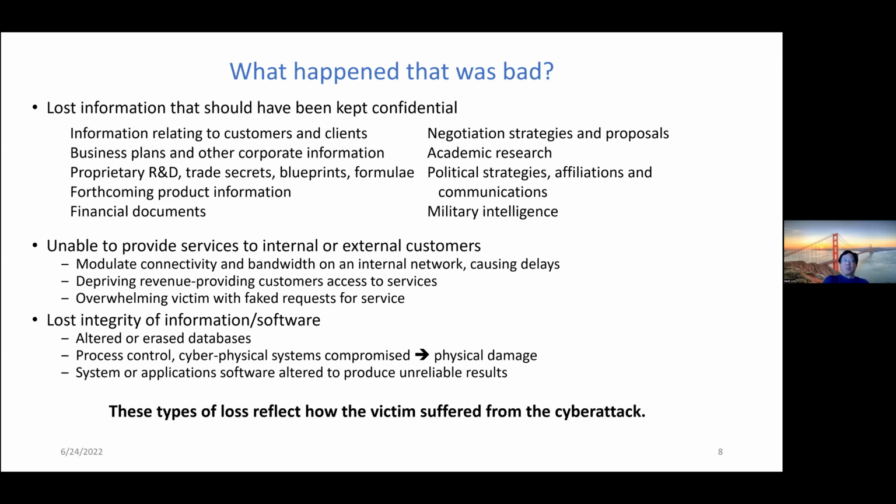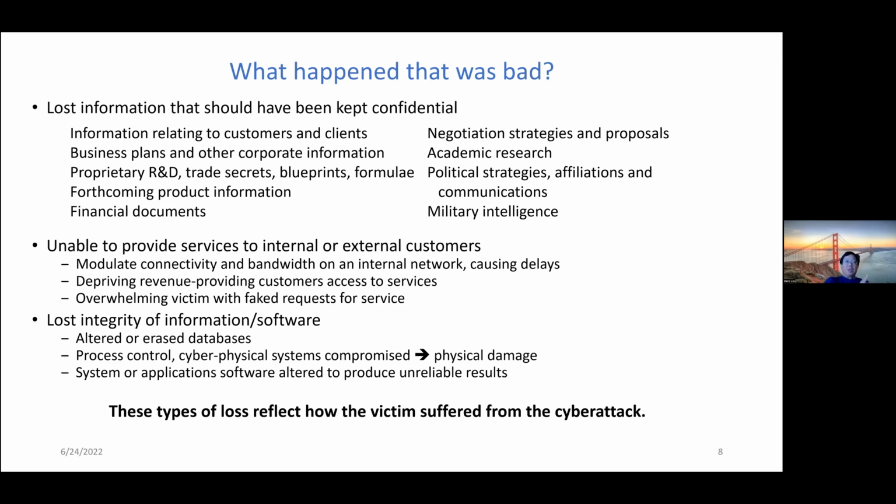It's client and customer information, business plans, R&D, blueprints, formulas, and so on, forthcoming product information, financial documents, negotiation strategies, research, military intelligence, political strategies, affiliations, and so on. A whole variety of different types of information, any kind of information that you can imagine that somebody might want to keep confidential is at risk here if it's been rendered in digital form.